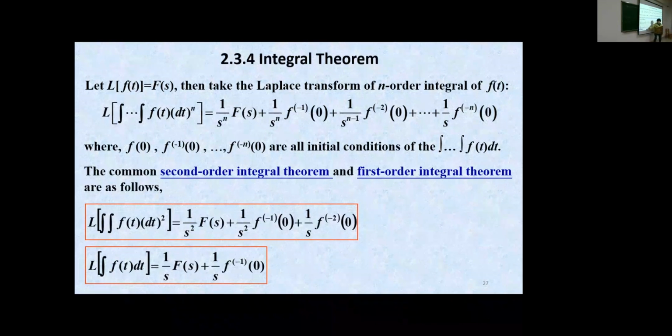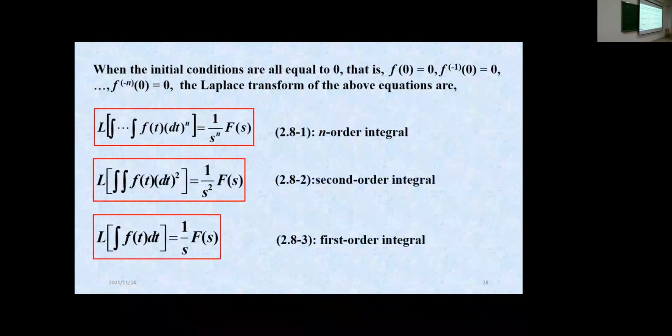We have 1 divided by s here, and an initial condition of what? Minus 1. Then, when the initial conditions are given to you and they are all equal to 0, then those terms can be ignored. That is to say, this one, to this one are all 0.